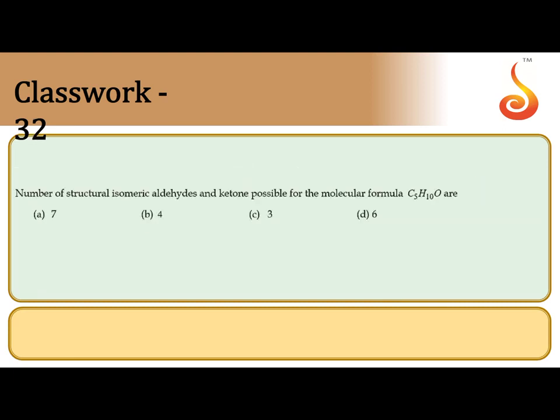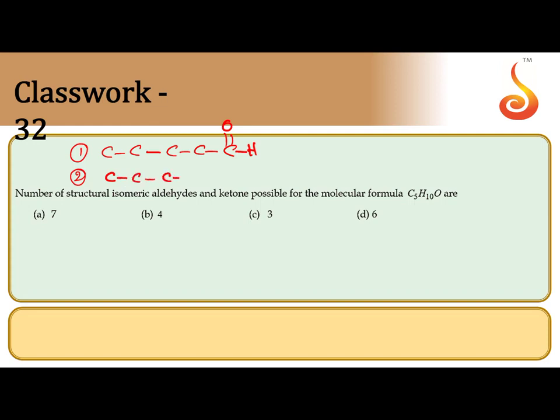Number of structural isomeric aldehydes and ketones possible for the molecular formula C5H10O. So they are asking only aldehydes and ketones. Let us take aldehydes. No pi bond here, no unsaturation, no pi bond between two carbons. Only the pi bond should be between C and O. That's why they are asking only aldehydes and ketones. First, pentanal.